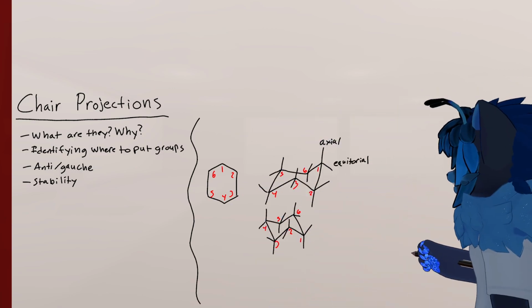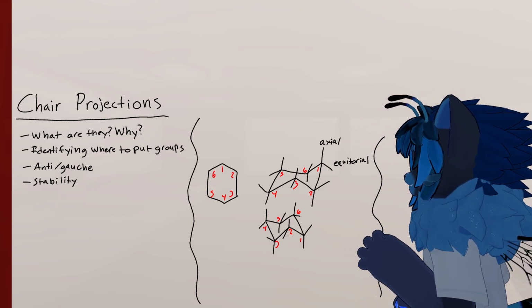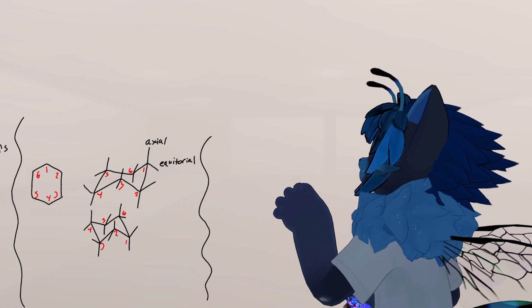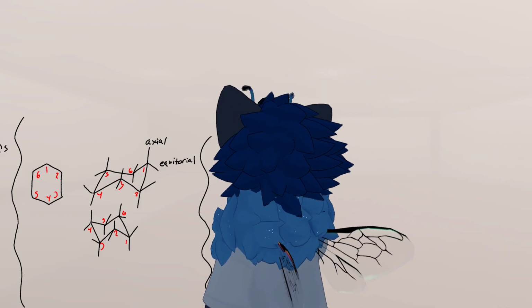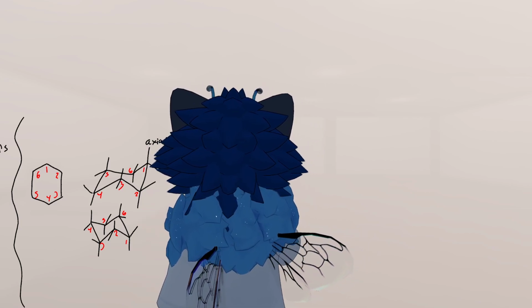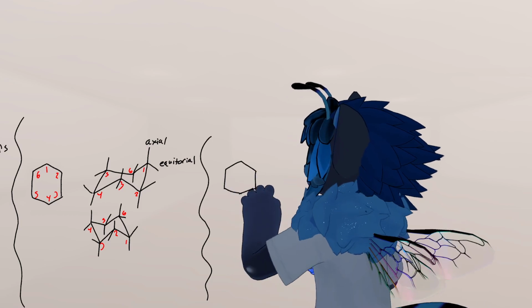Let's say now that we want to draw a methyl onto this carbon 1 right here.